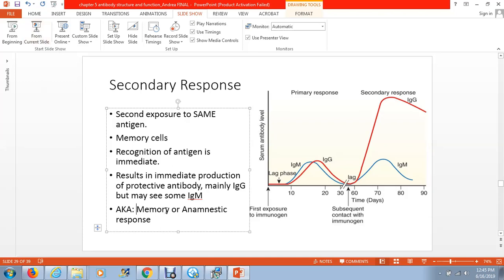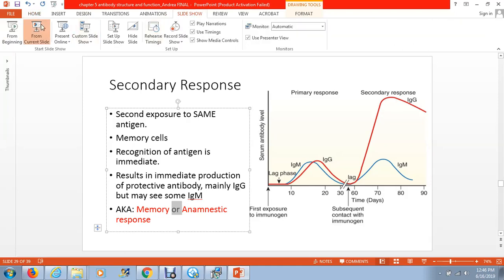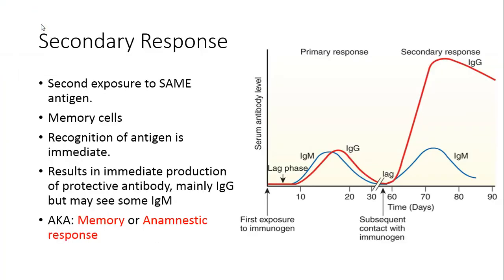You should know those two terms as well. So I'm going to highlight the whole thing in red. You can figure out that I don't really mean you need to learn the word "or." Okay, let me do this and move this along. All right, awesome. So it's the memory or the anamnestic response.